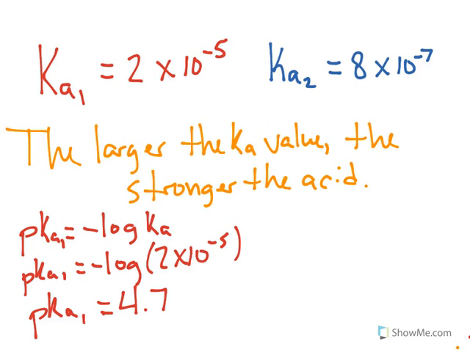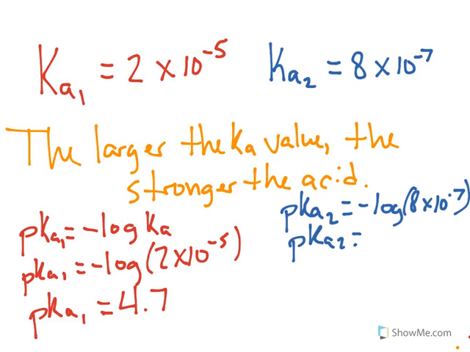Over here in the blue, we'll repeat the same thing. pKa2 is equal to the negative log of Ka2, which is 8 times 10 to the negative 7th. And we find that pKa2 comes out to be 6.1. So now we can just compare pKa values to see which is the stronger acid.